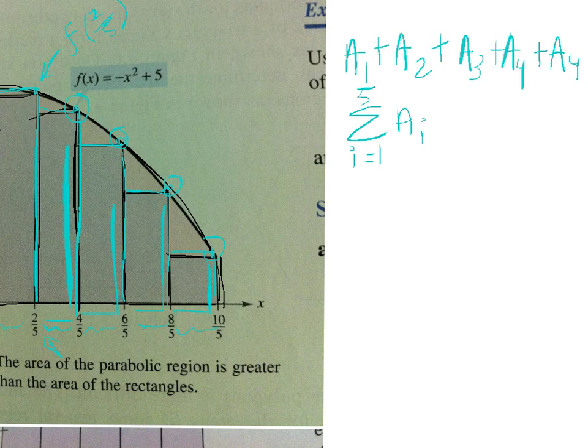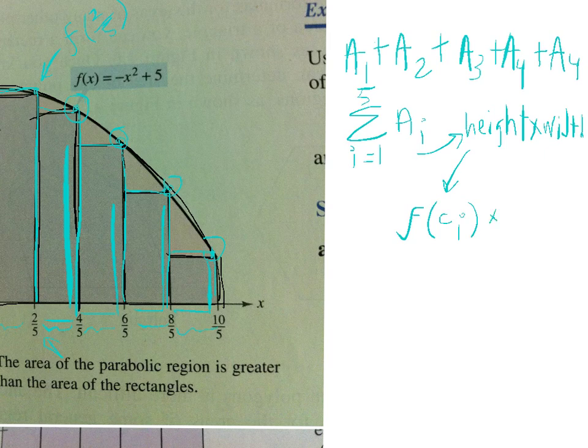So the first thing we need to do is talk about what this area means, and I've already told you it's height times width. And again, we already specified what is the height of the ith rectangle. Well, it is the function evaluated at a point in the ith rectangle. We're going to call that point c_i.